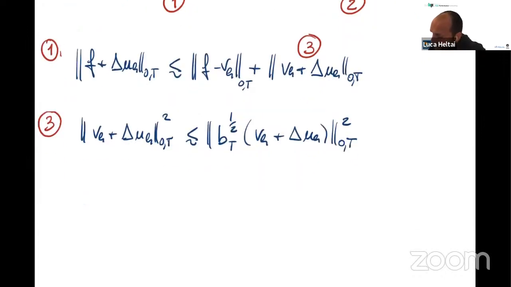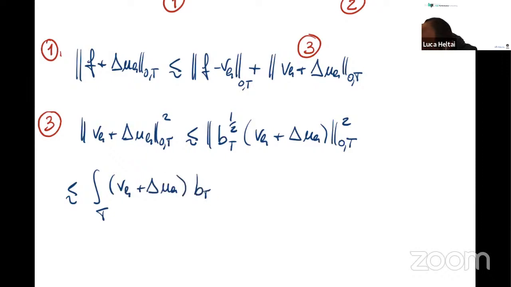Okay, so I'm localizing this in order to be able to integrate by parts and get rid of all the terms that are on the boundary. So if I now write this explicitly, this is exactly like writing the integral over T of b_T times v_h plus Laplacian of u_h squared in dT. Okay, so this is exactly what I've just written.